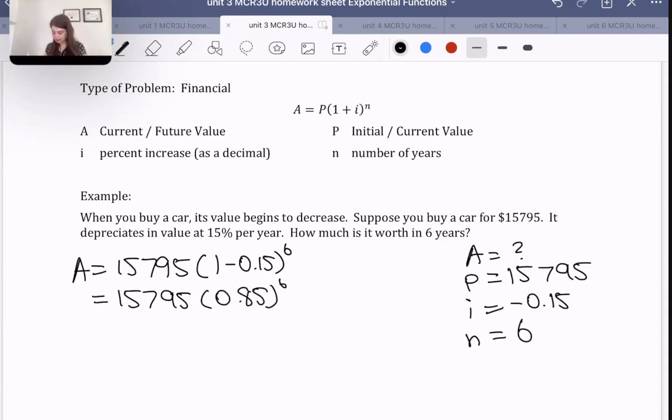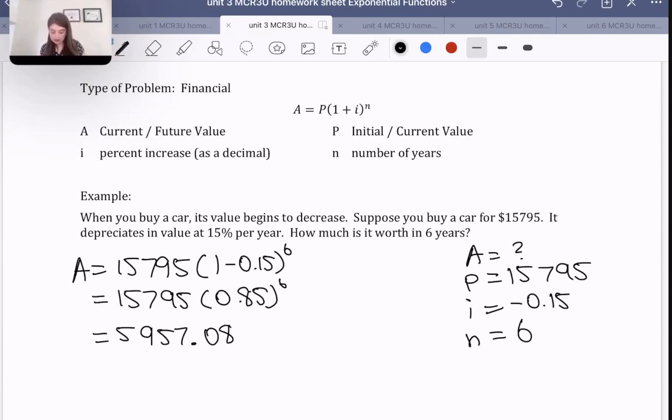All right, so let's see what that is. 0.85 to the power of 6 times 15,795 is going to leave us with about $5,957 and 7, or I guess 8 cents.